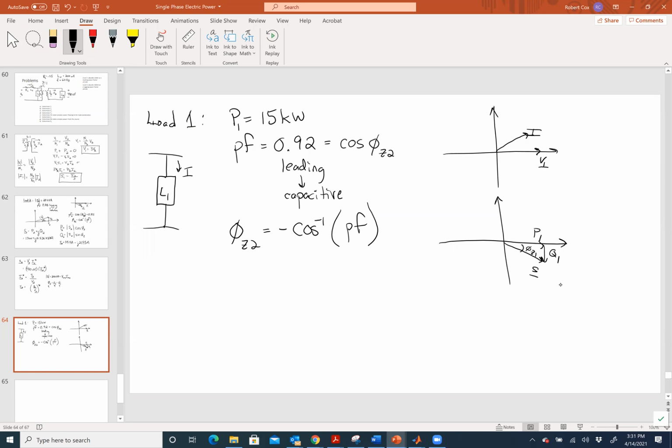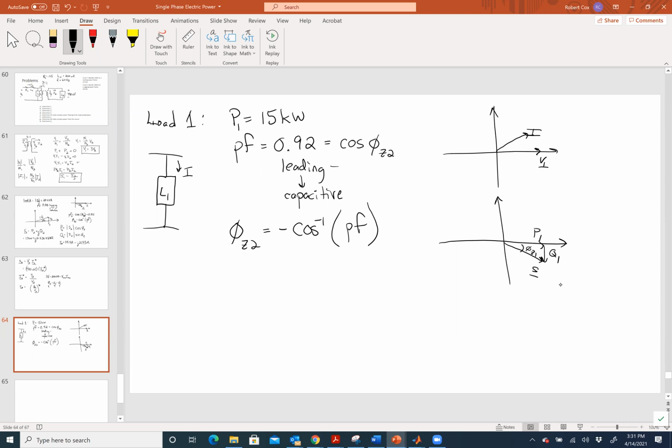Power factor is always stated as a positive number, but I may have to put a negative in this based on the wording, whether it's leading or lagging. So you read the wording to figure out which it has to be. So in this case, negative cosine inverse of the power factor. All right, so then I can figure out what that is.